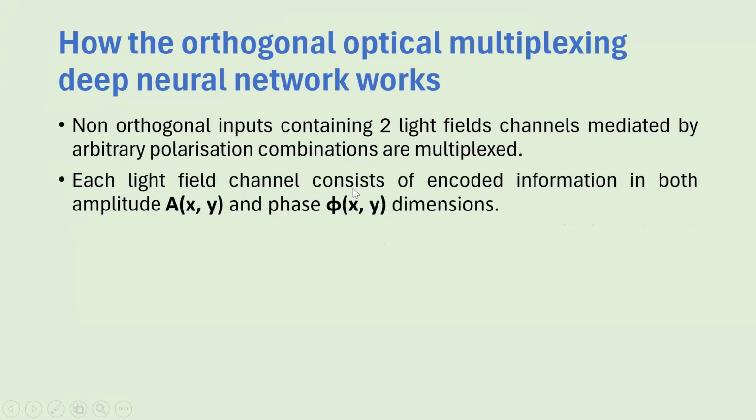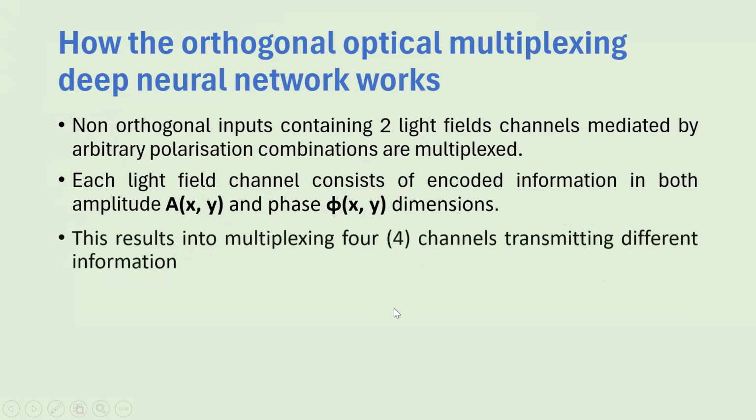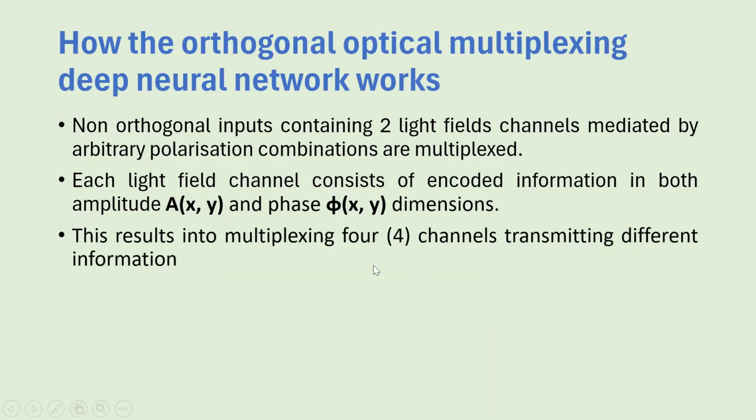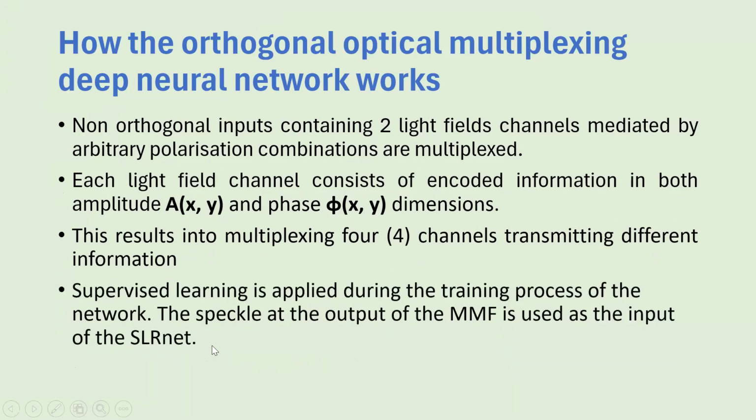Then each light field consists of the encoded information in both amplitude and phase dimensions. This results in multiplexing 4 channels transmitting different information. Then the neural network relies on a supervised learning algorithm during the process of training.